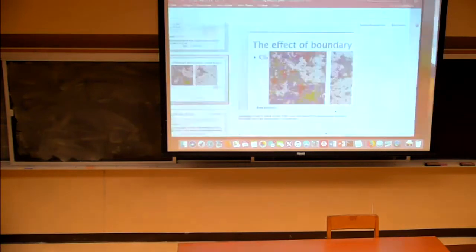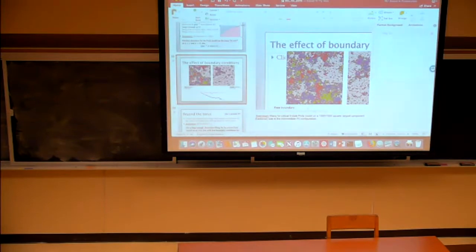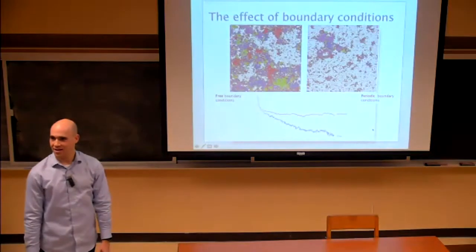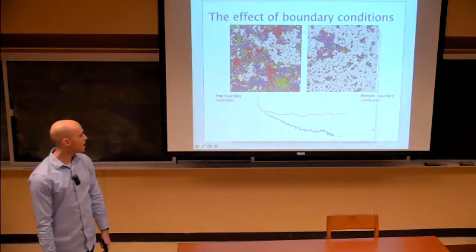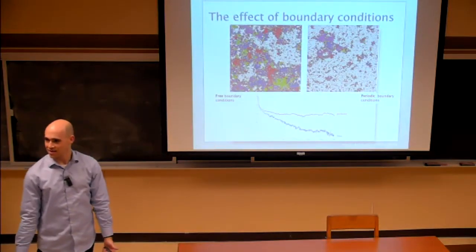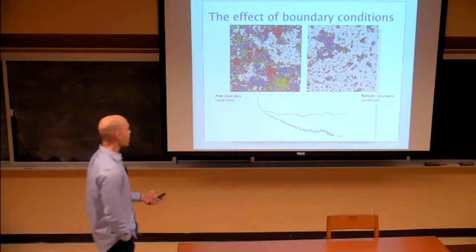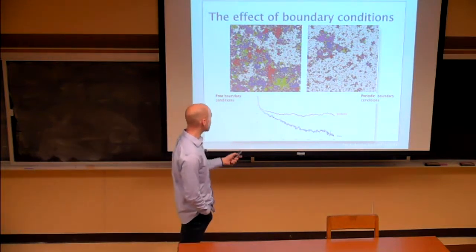Of course, I didn't run it until we actually tried to prove that in the free case it should be like the torus, and then realized that, oh, actually it should be fast, and then we ran the simulation.